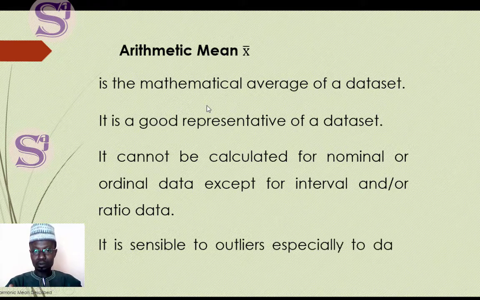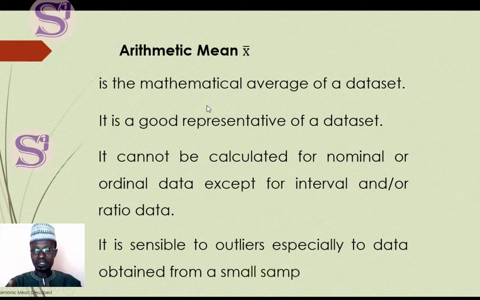Another problem of the arithmetic mean is that it is very, very sensitive to outliers. Outliers are extreme values that tend to lie far away from the other data within the entire data set. So if you have data that is skewed, computing the mean, those outliers will tend to pull the mean away from the central position, thereby disfavoring the other data which are very small.